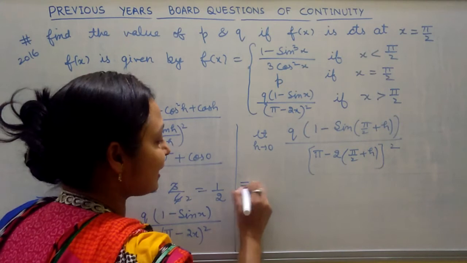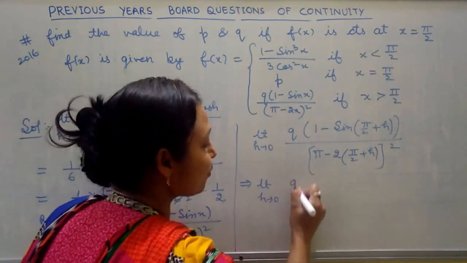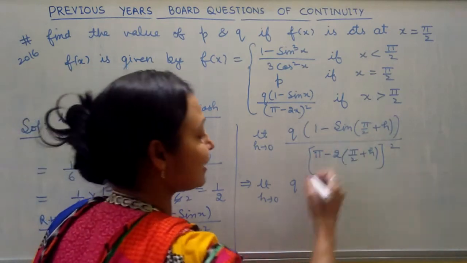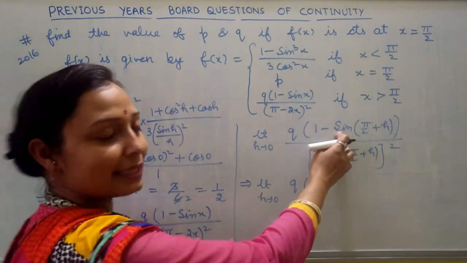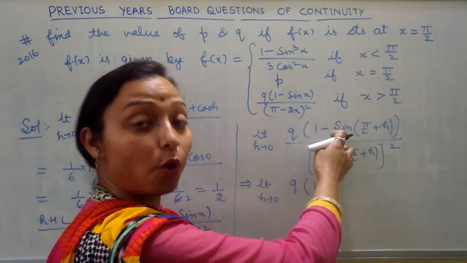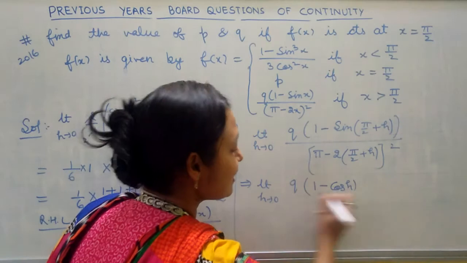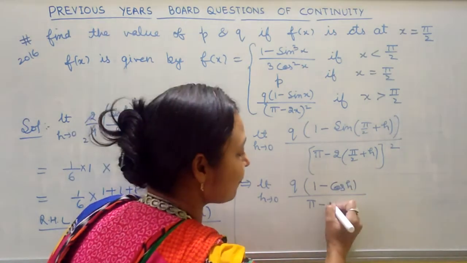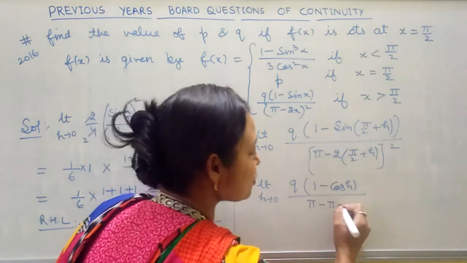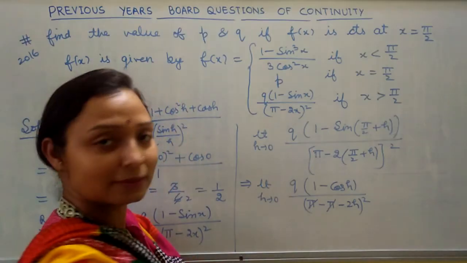Okay, now what is the next step? Limit h approaches to 0. This q as it is, and 1 minus sine of 90 plus theta, that is sine is in its own quadrant, so it will equal cos h divided by pi minus, when you multiply it, minus 2h whole square. This and this will cancel.